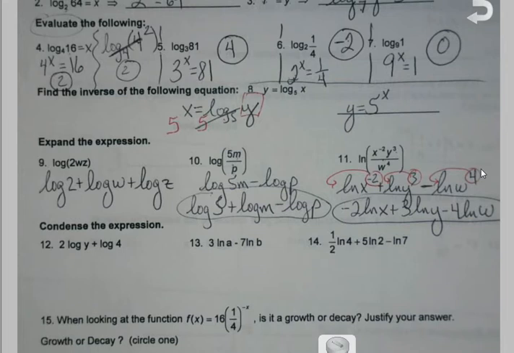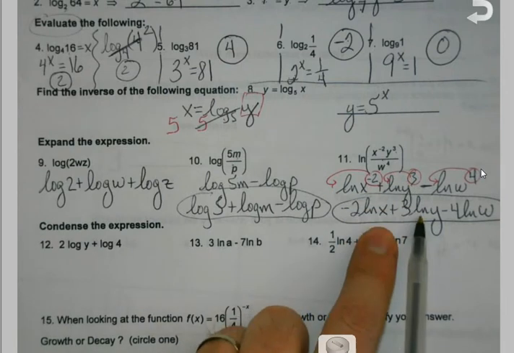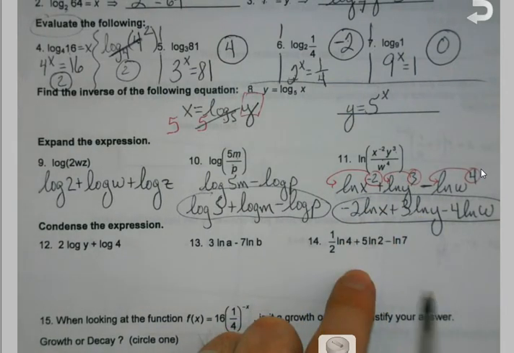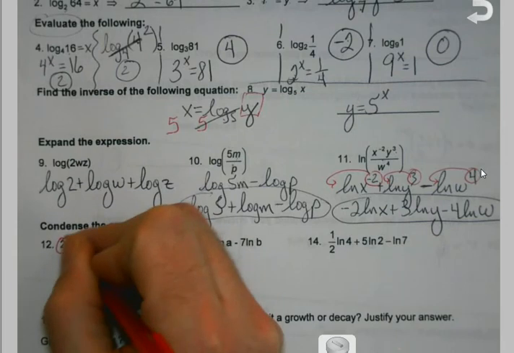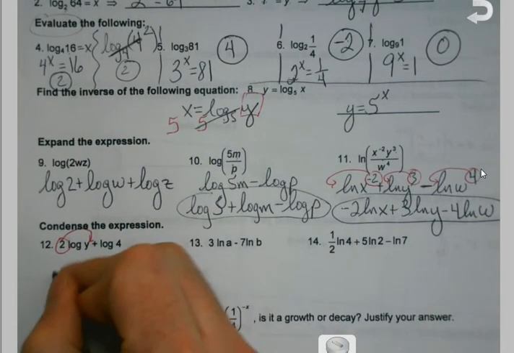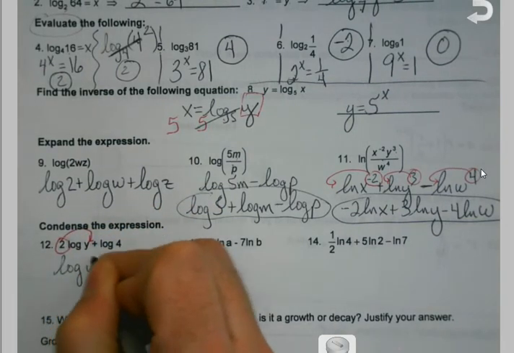And the nice thing is, if you do understand expand or condense, you can just use those examples to help you do the other one. Except when we're doing condensing, everything goes from the bottom up. We did exponents last when we were expanding. Now when we're condensing, we're going to do those first. So if I see a coefficient, that's coming back up here before I do anything else.